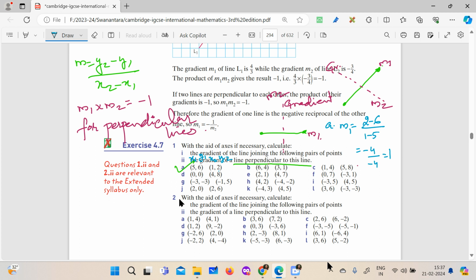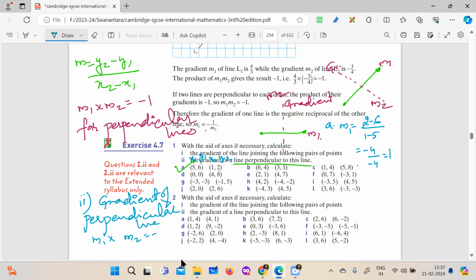Once you have the gradient for this given line, once you get your m1, it is easy to calculate the gradient of the line perpendicular to this line. We will follow this rule for the second part. Gradient of perpendicular line: m1 times m2 is equal to minus 1.